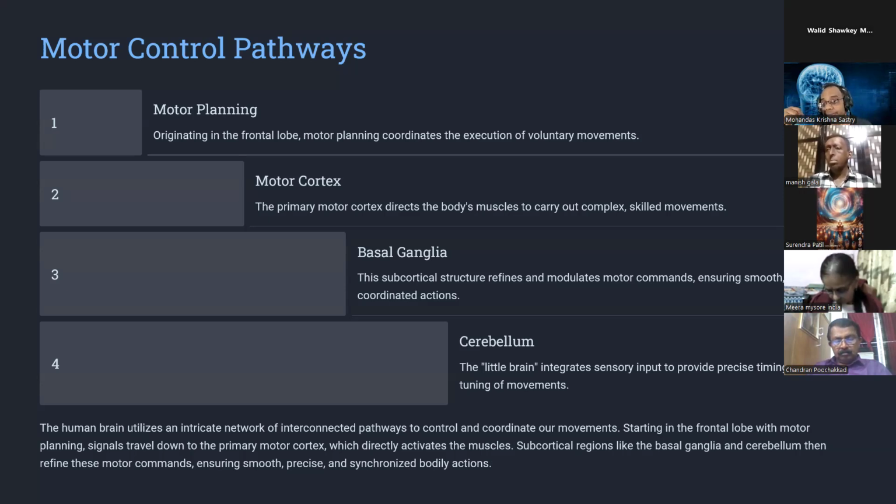So motor planning originates in the frontal lobe. Motor planning coordinates the execution of voluntary movements. The primary motor cortex directs the body muscles to carry out complex and skilled movements. So this is the motor planning.